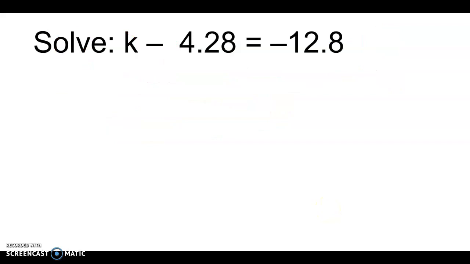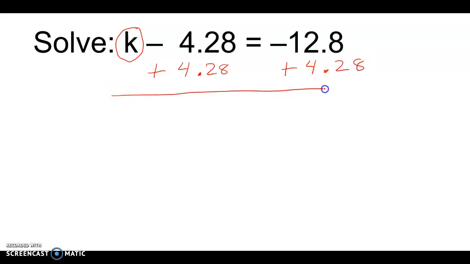What's the first thing you do? Circle the variable term. So we've got to get rid of minus 4.28. So we go plus 4.28, and we go plus 4.28. So we get k equals, because these cancel. So on the calculator, you have to hit negative 12.8.